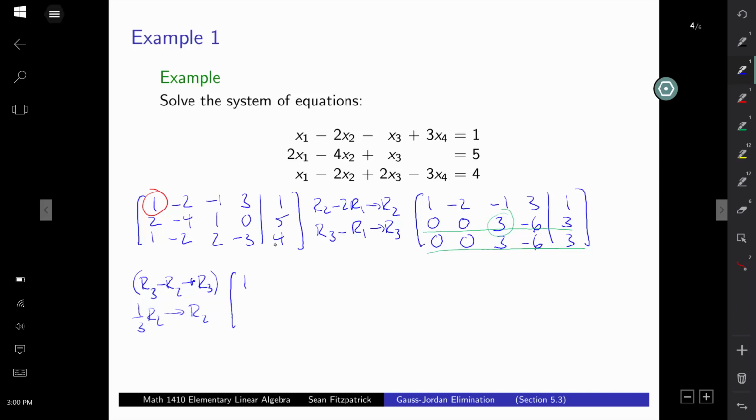So I'm going to do 1/3 row 2, make that my new row 2. Okay, so I'm not touching row 1. And remember, I don't want to, right? Once I've got this column here with zeros below my leading 1, I forget about that first row and that first column, and I work with the smaller system that's left.